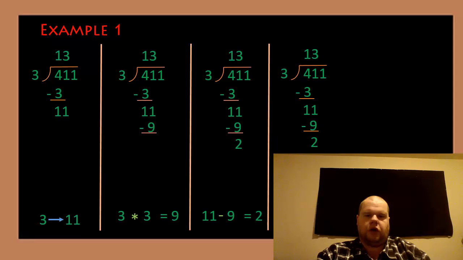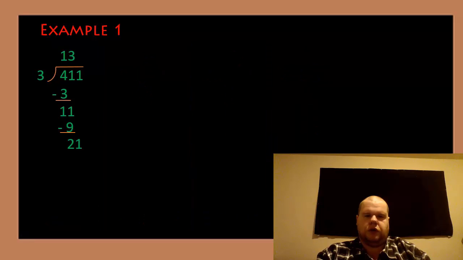And then for our 8th step, we have to bring our next digit down. Once again, that's a 1, giving us 21. And then we repeat. 3 goes into 21 7 times.